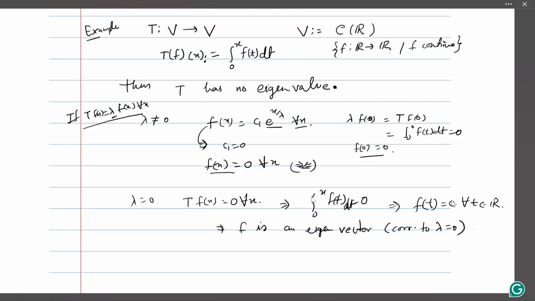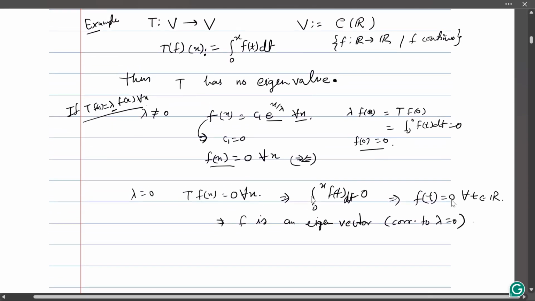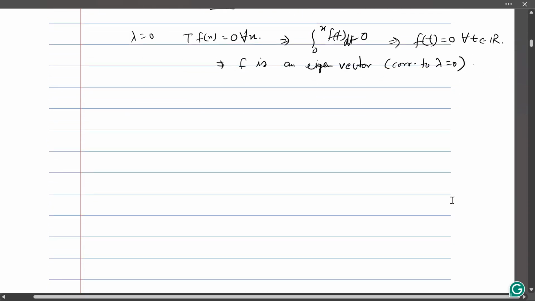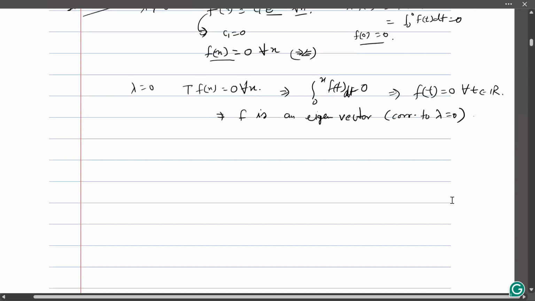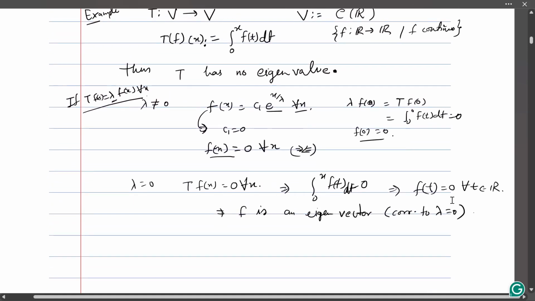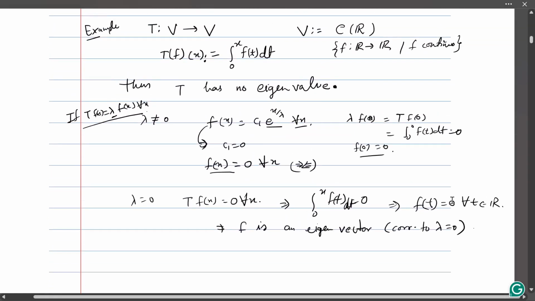This is a good exercise using analysis. Anyone who has a doubt can ask, otherwise I'm going to the next result.